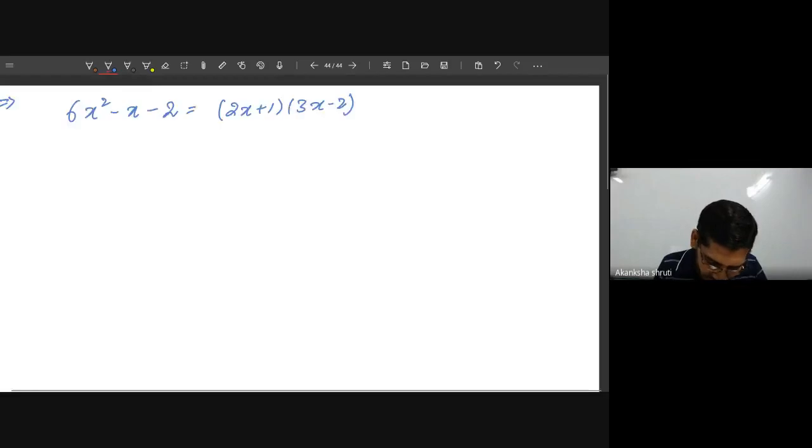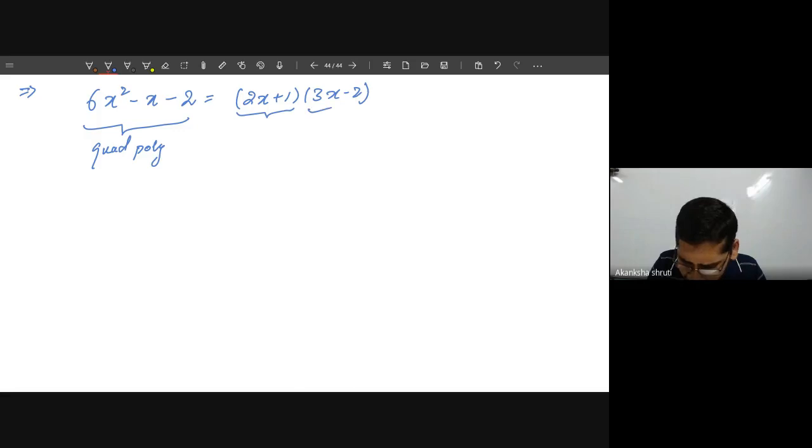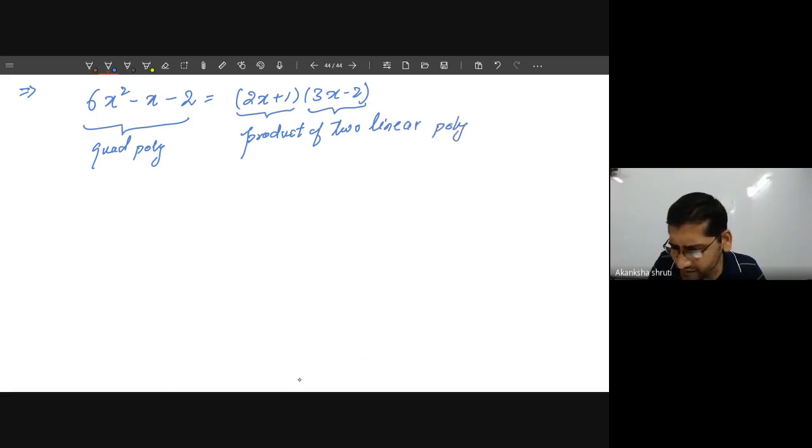Now what is this? Observe carefully. This is a quadratic polynomial. And these are two linear polynomials. This is a linear polynomial, meaning the first bracket. So it is the product of two linear polynomials.